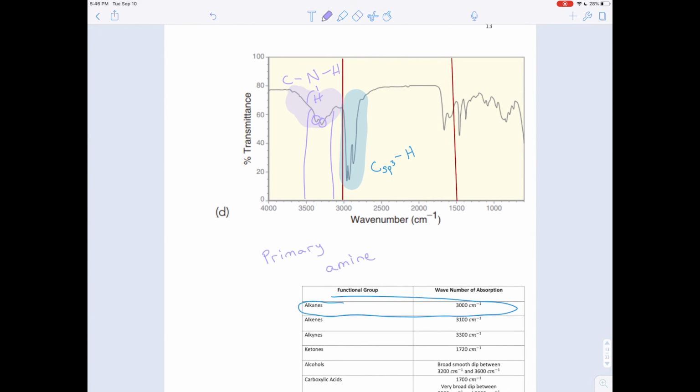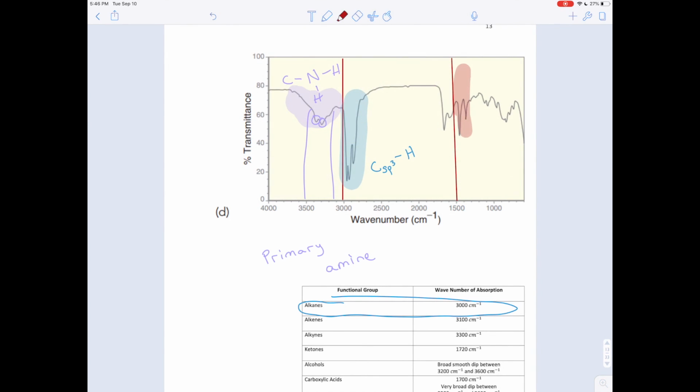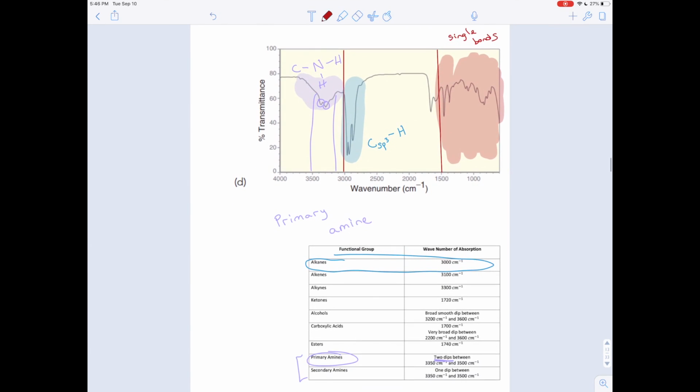You have those 2 hydrogens. It's those 2 hydrogens that are giving rise to those 2 little dips there. Okay. Remember, everything to the right of 1500, that's representing all of the single bonds. And there we go.